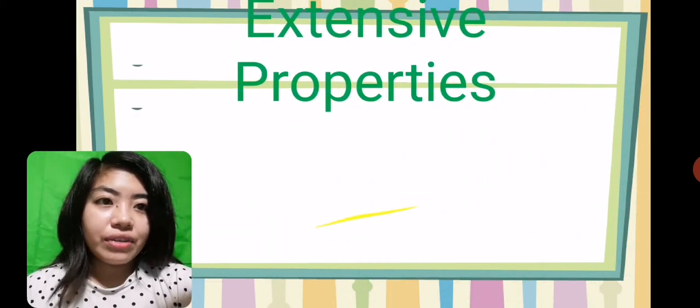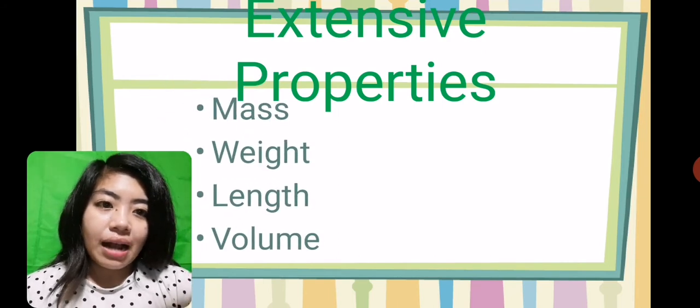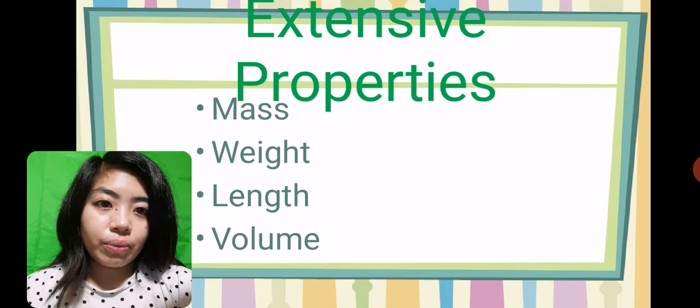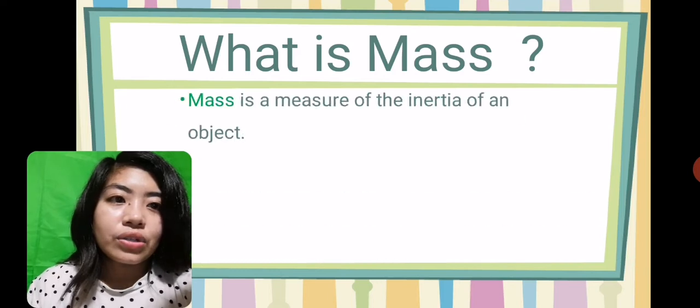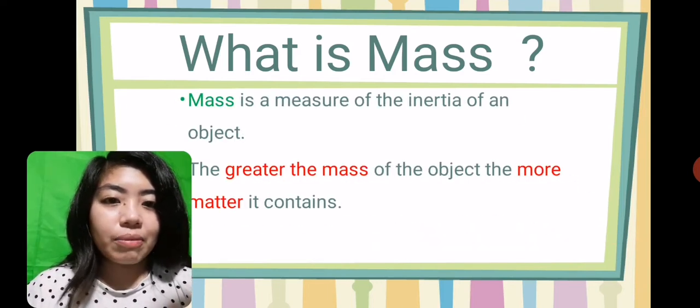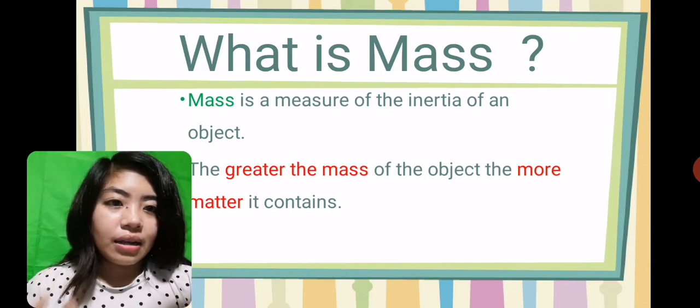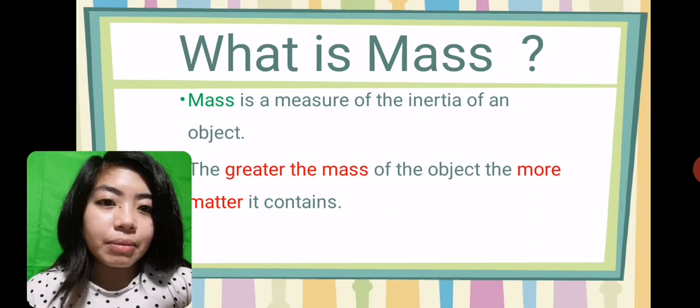Next is we have here the extensive properties. So, under niya si mass, weight, length, and volume. So, what's the difference between those four? So, pag sinabi natin na mass, measure of inertia of an object. So, greater the mass, the more the matter. Mas madaming mass or mas mabigat, mas maraming matter na present.